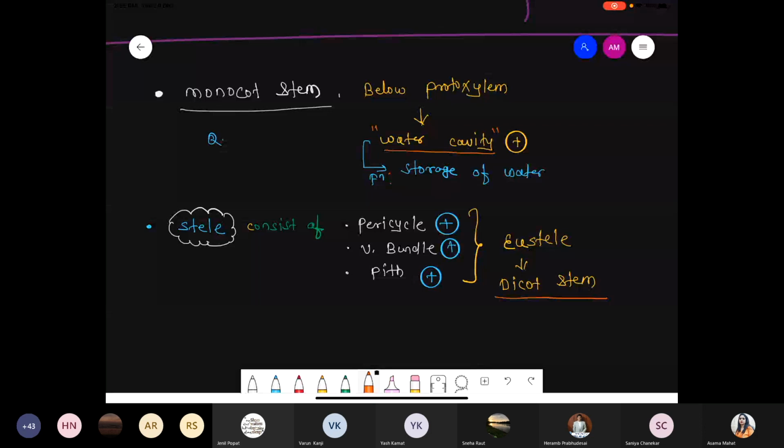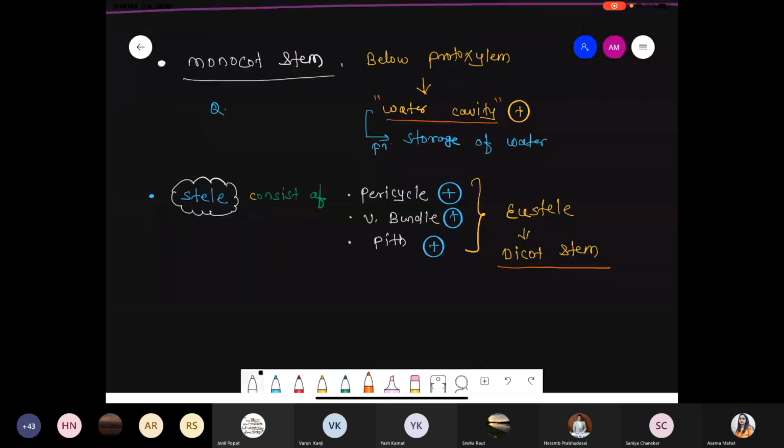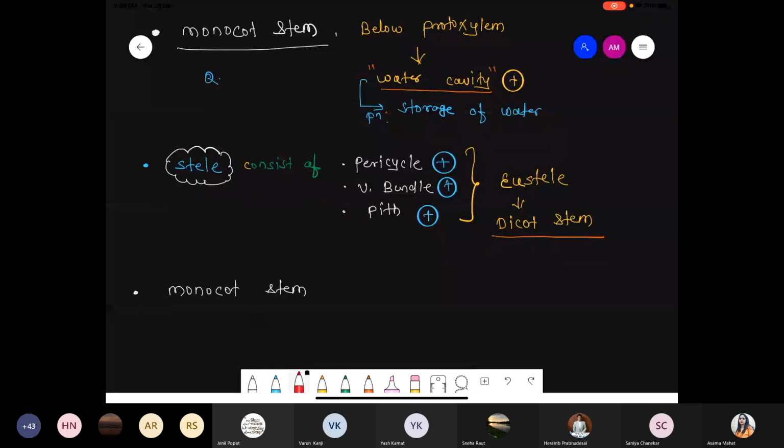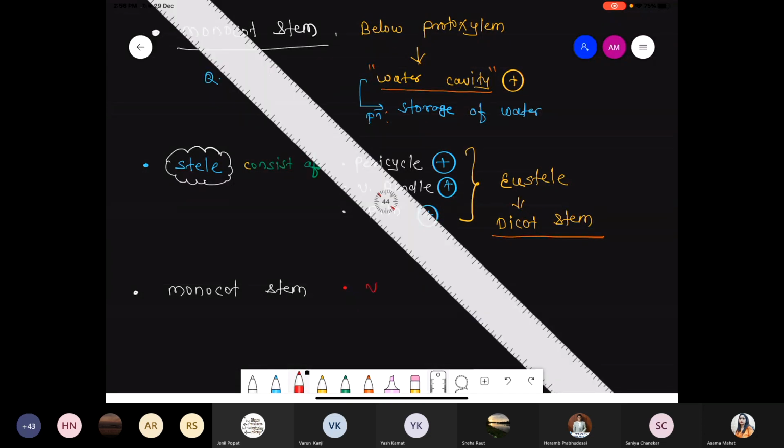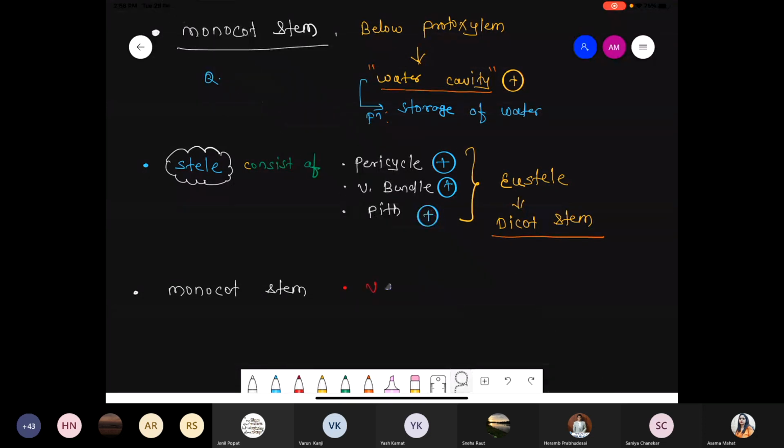So that's why such type of stele is commonly called eustele. Another point, in case of the monocot stem, something will be different, because just we discussed some tissues are absent. So in case of the monocot, in this condition, basically vascular bundles are scattered, so only one part is present, that is vascular bundle.